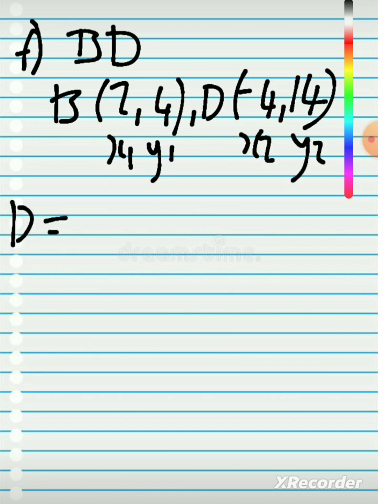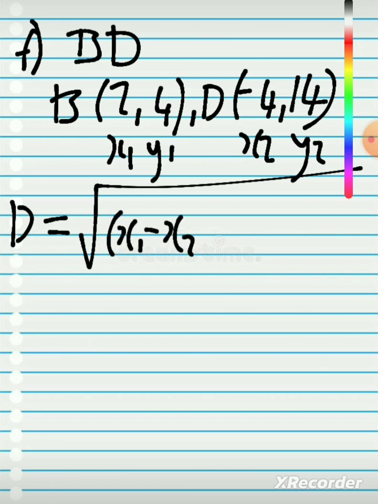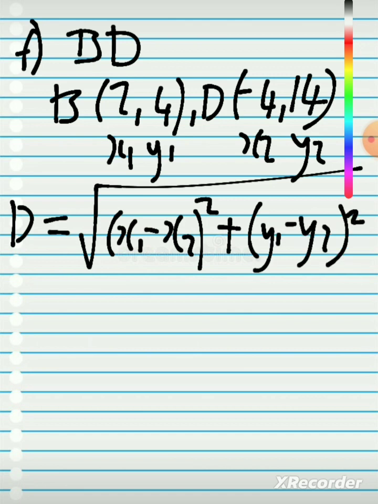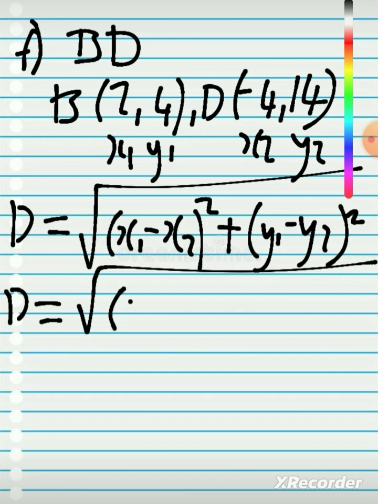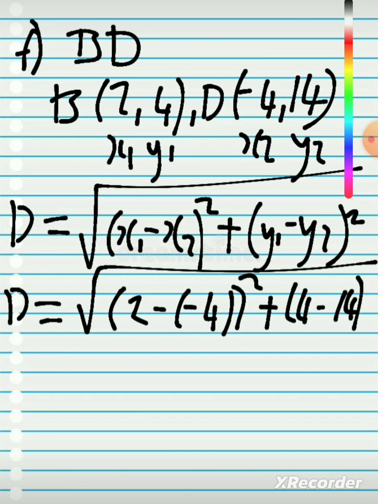So distance is equal to square root of x1 minus x2 squared, plus y1 minus y2 squared. What's our x1? 2 minus x2, negative 4, squared, plus y1, 4 minus y2, 14, squared.